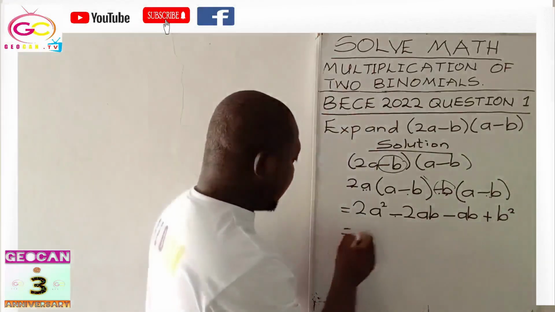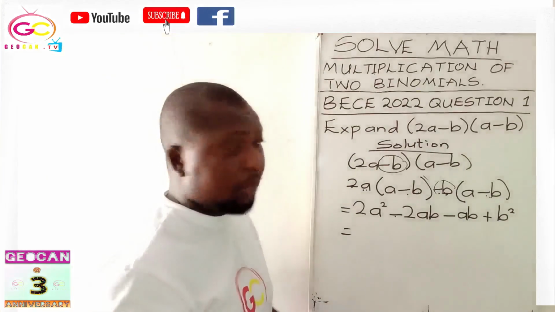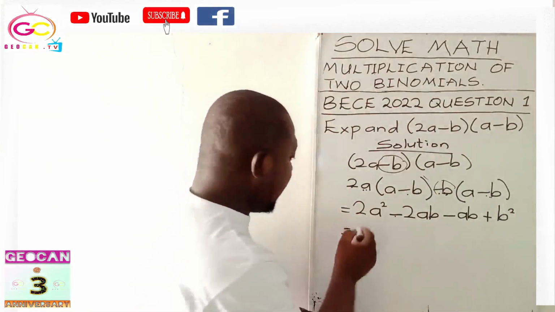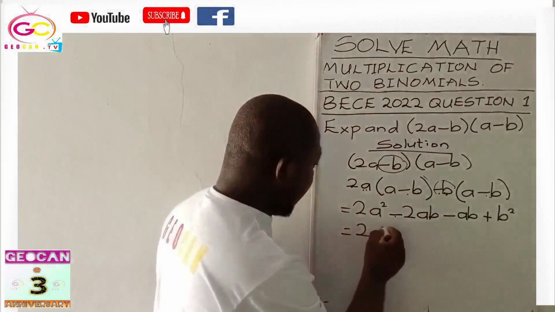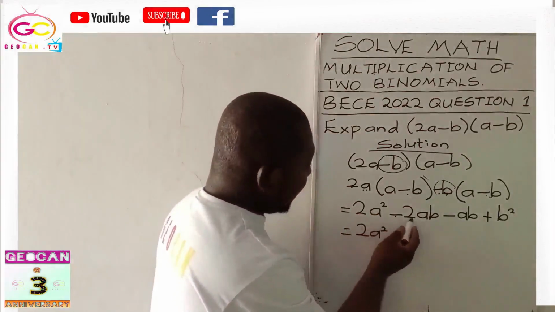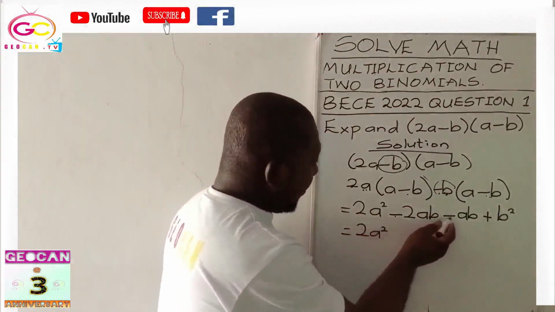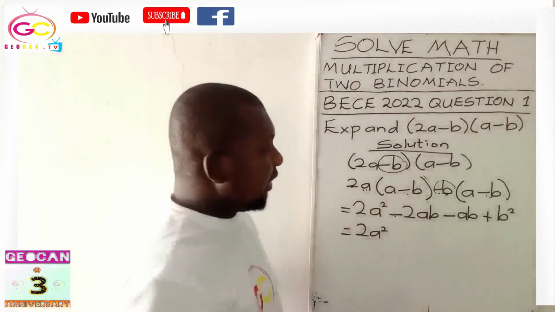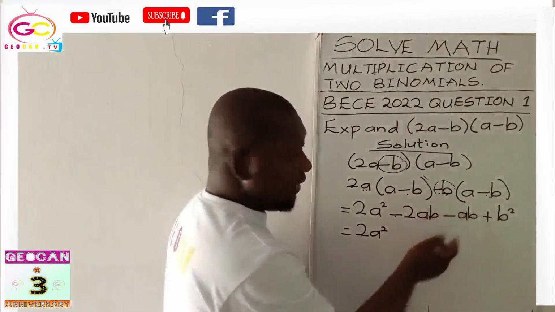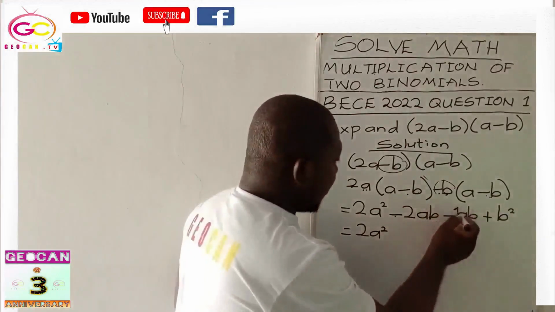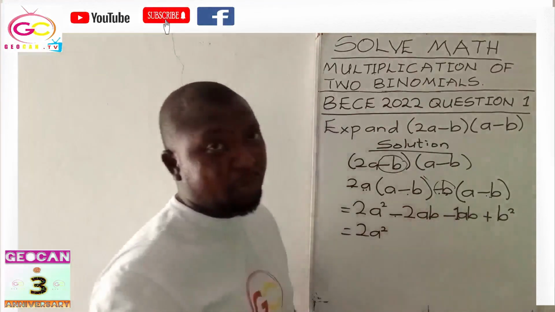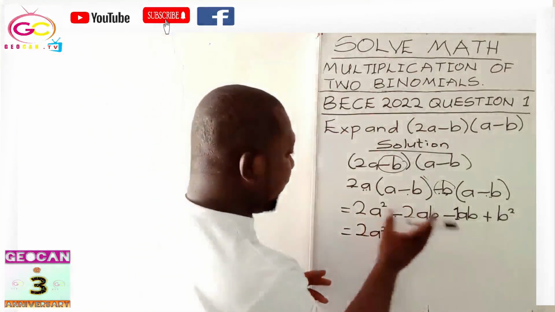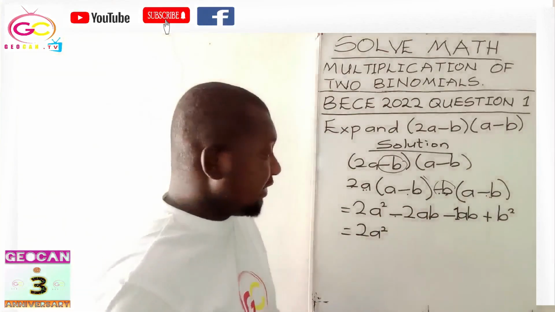Now let's continue so that we break it down and solve like terms together. We have 2a squared. Now negative 2ab minus ab, what will it give us? Minus ab standing alone is the same as 1ab, but we don't usually write the 1. I'll write it for you to understand it more.